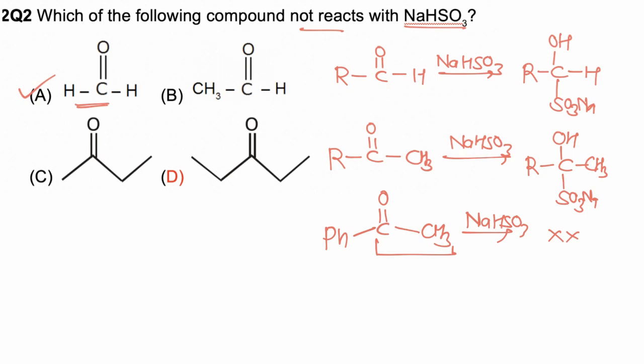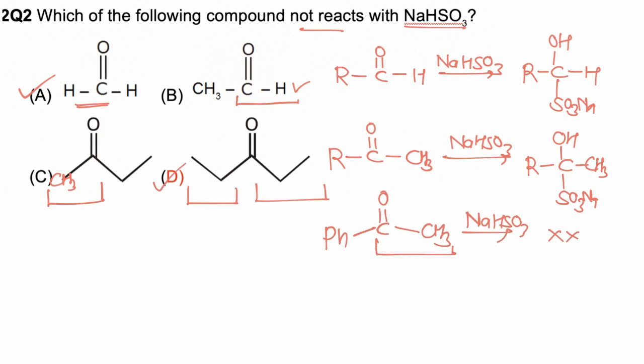The second molecule is also an aldehyde, so it will also react. Now the third molecule is a methyl ketone having a CH3CO group, so this will also react. But the fourth molecule does not have any methyl, and in this case the carbonyl group is very crowded and hence it will have very low reactivity and it will not react with NaHSO3, and hence the correct answer is D.